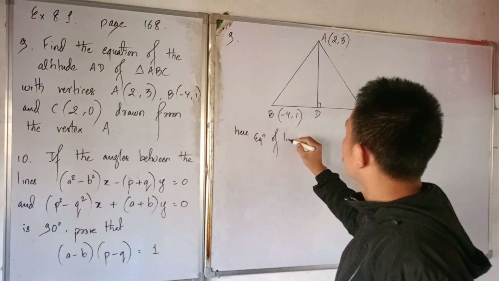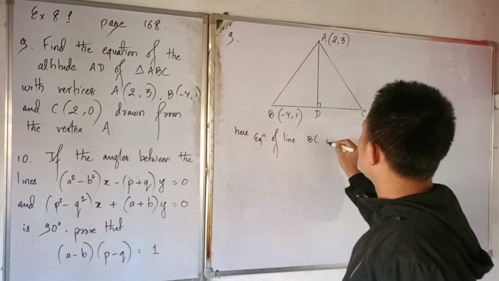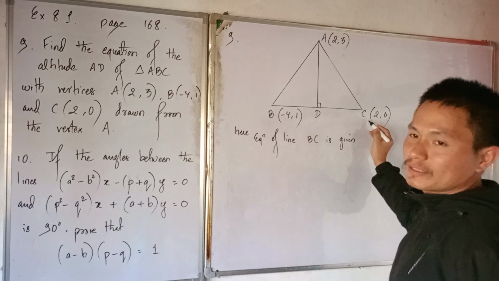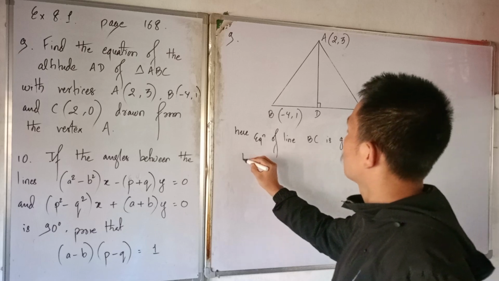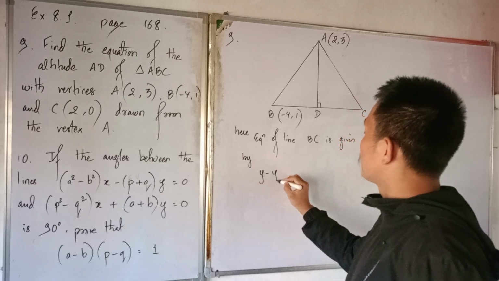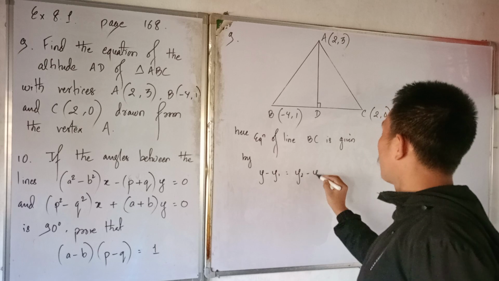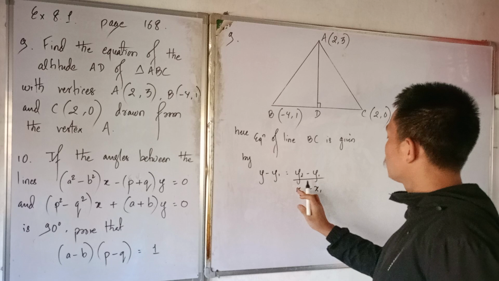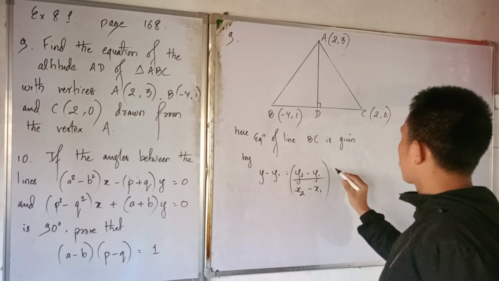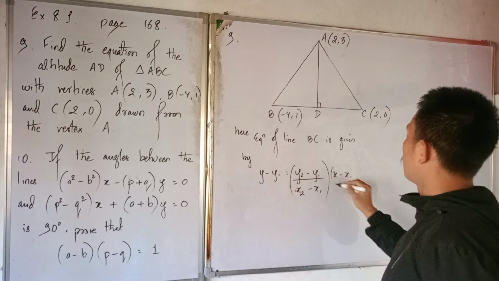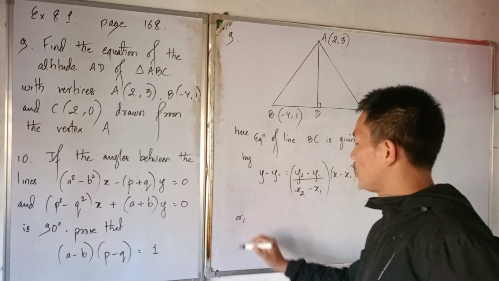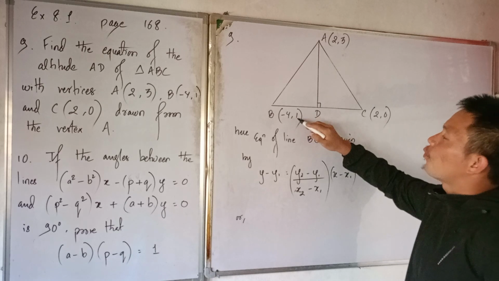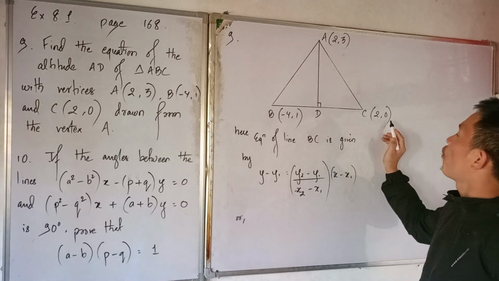The equation of line BC: if two points are given, you use the formula y minus y1 equals y2 minus y1 divided by x2 minus x1, times x minus x1. Consider B as x1, y1 and C as x2, y2.